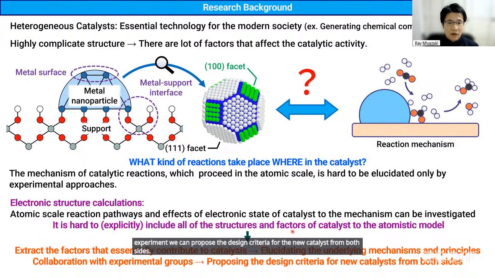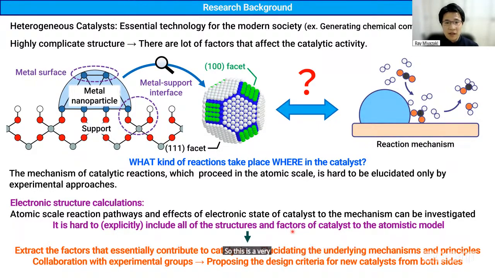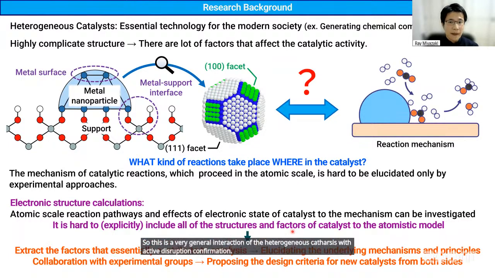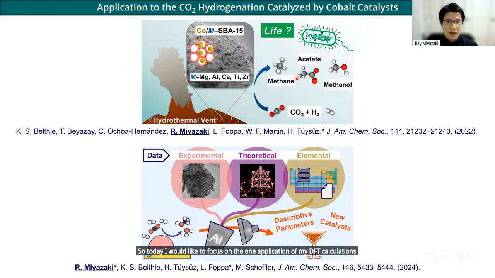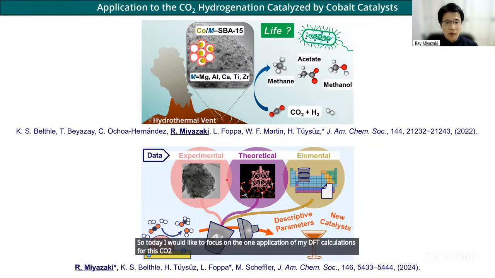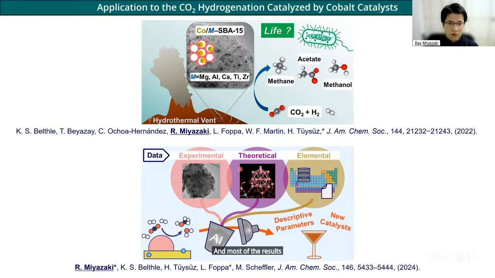So this is a very general introduction of heterogeneous catalysis with electronic structure calculation. Today, I would like to focus on one application of my DFT calculations, CO2 hydrogenation by a cobalt catalyst. Most of the results are published in those two papers.